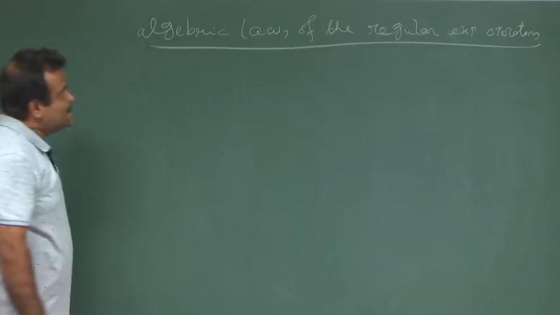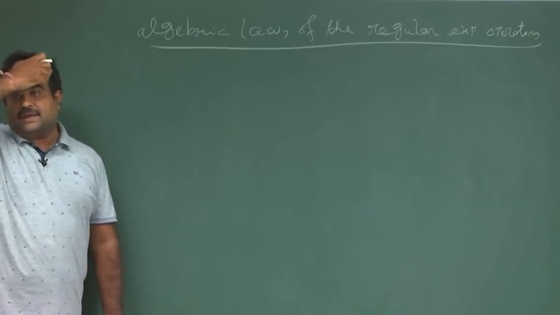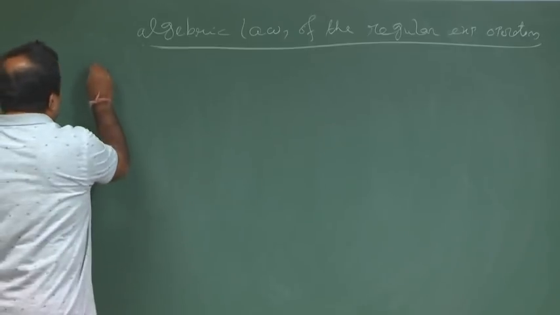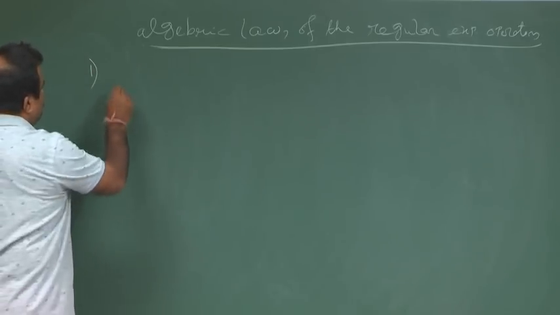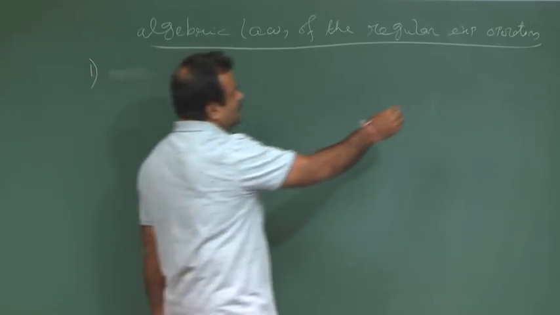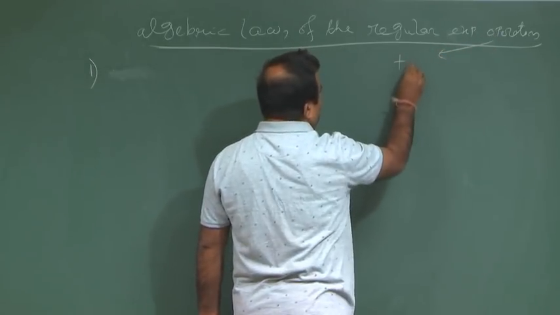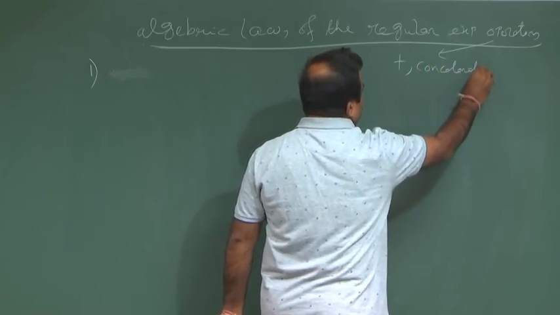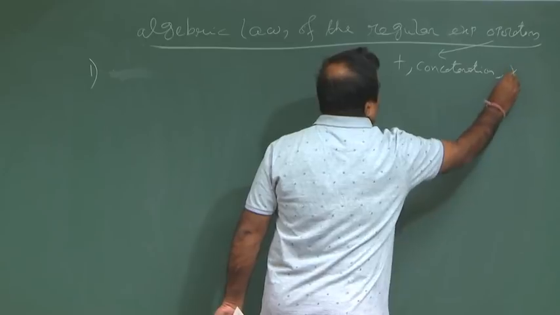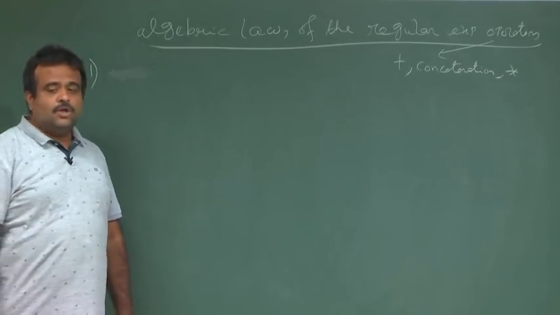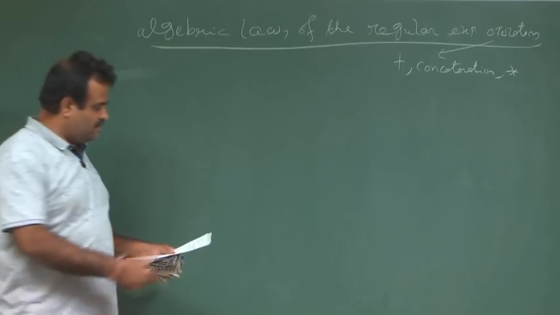Okay. So, what type of algebraic laws can we have? First one is commutativity, I mean the union is commutative. We have three operators: plus, concatenation and star. Okay, plus is the union operator. So, now plus is commutative.